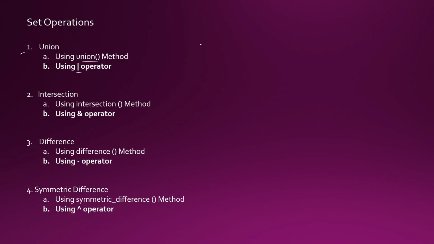So suppose we have a set A as 1, 2, 3, and another set B as 3, 4, 5.